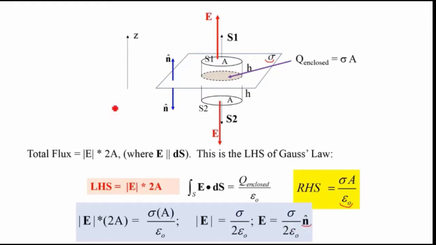Now remember, the normal direction switches direction from this side of the plane to this side of the plane. So in terms of the field lines, you'll have a bunch of parallel field lines on this side going up and on this side going down, and the magnitude will just depend on the density of charge on that surface.